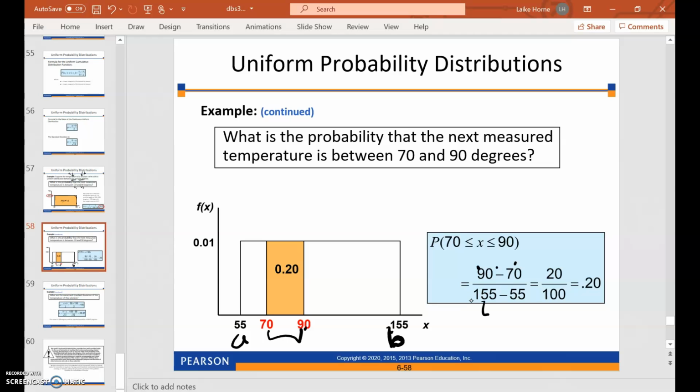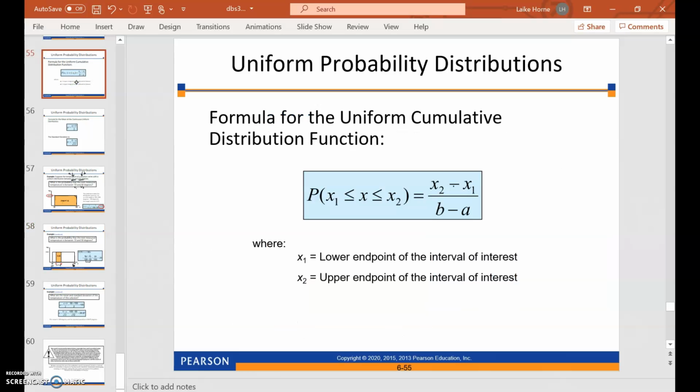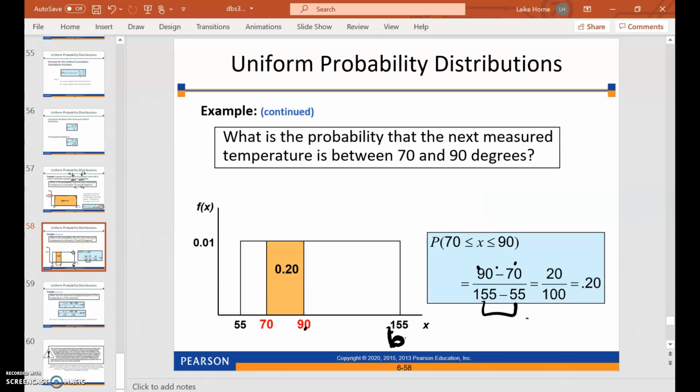And then down on the bottom is your maximum amount, which is B minus A. Remember, it is x2 minus x1 over b minus a. So let me label this a little bit better. This would be x1 and x2. And this is a and b. And so if you plug that into your formula, you will get your probability of it being 0.20.